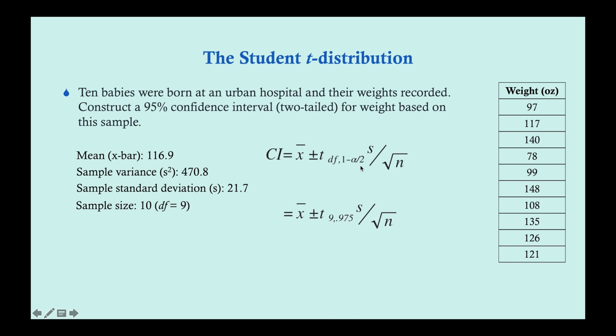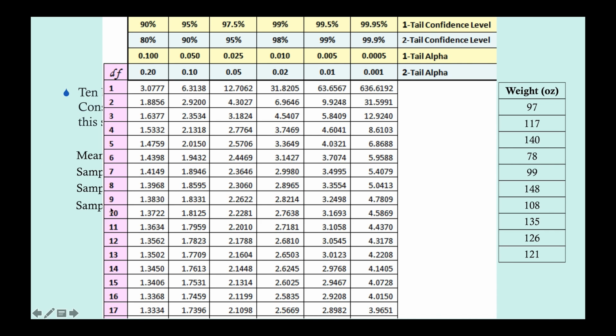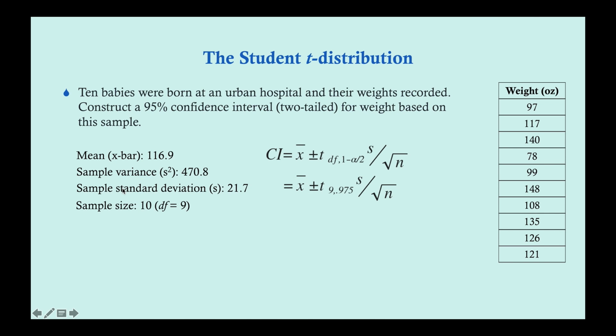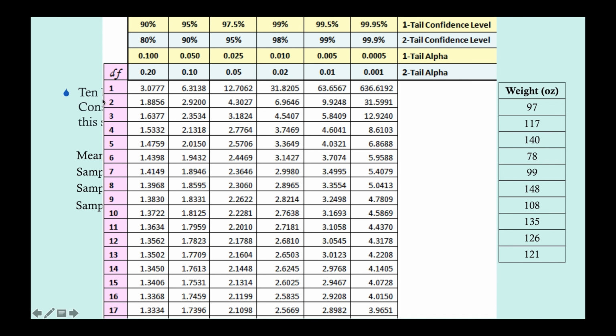So you can find that by looking up on your t table here. Degrees of freedom is 9. Oops, go back here. Degrees of freedom is 9, and you're dealing with an alpha of 0.05. Because you're doing a confidence interval, you are going to divide that by 2 because it's going to be on both sides.